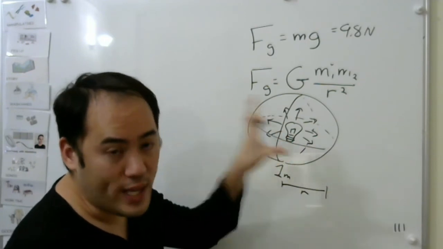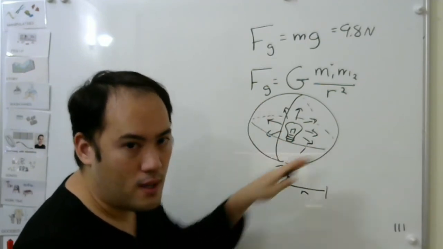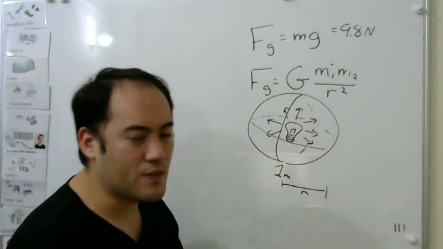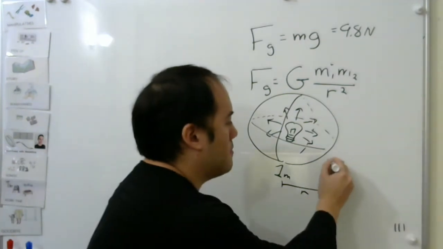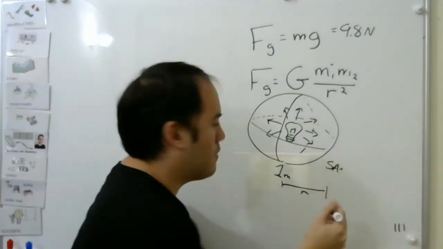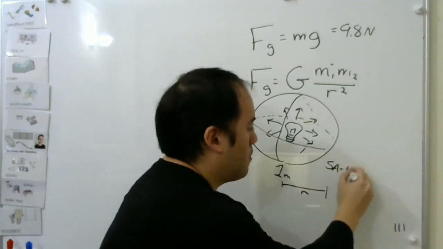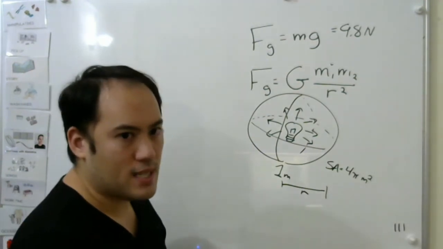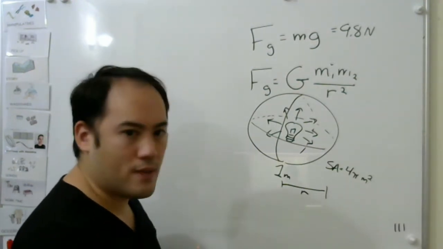All the light waves that come out of the light bulb are spread out over the surface area of the sphere. What's the surface area of a sphere? Four pi r squared. 4 pi meters squared.